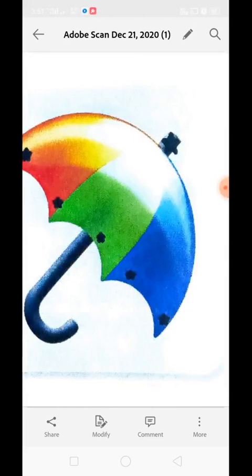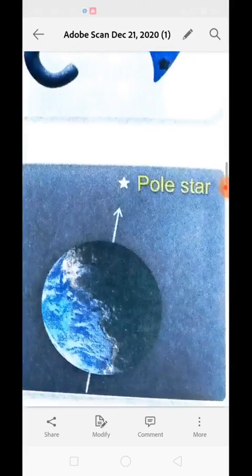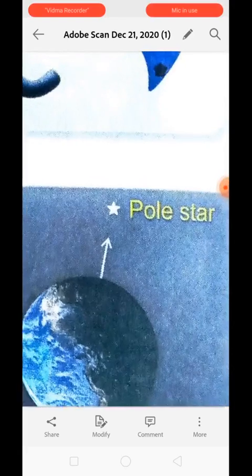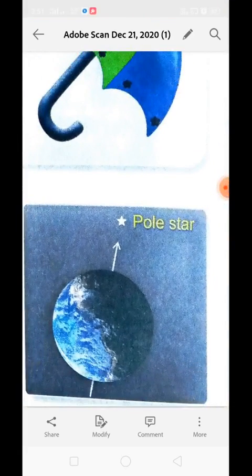In the same manner, the pole star is situated just above the north end of the axis of rotation of the earth.